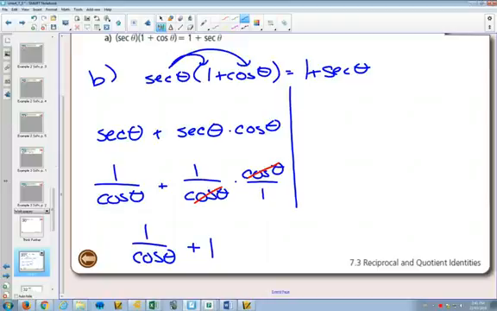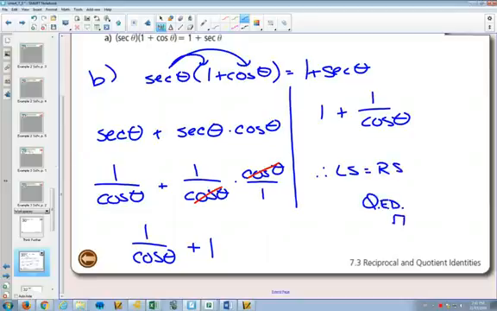We're pretty close. On the other side, we could change the secant to 1 over cos as well. And now they're identical. And by proving it, we show that it works for all values.